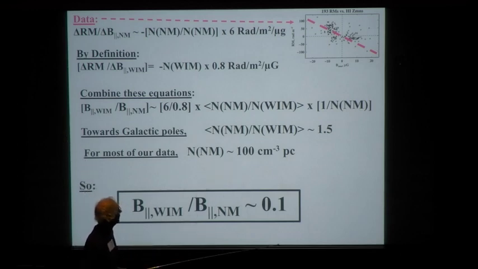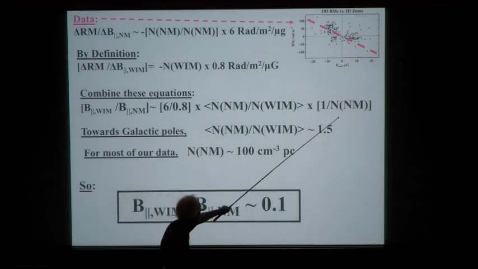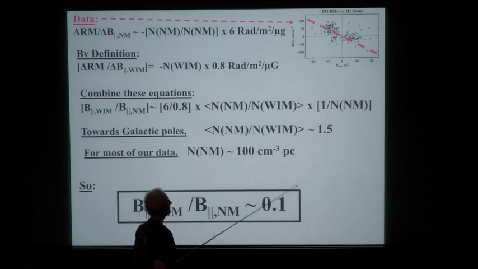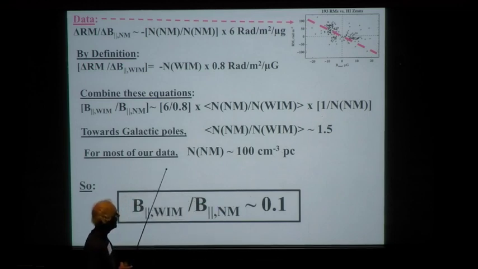And that's equal to about 1.5. And then we have to divide that by the column density of neutral atoms in units of centimeters to the minus 3 parsecs. For most of our data, that number is equal to about 100.